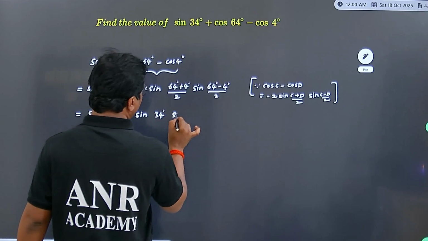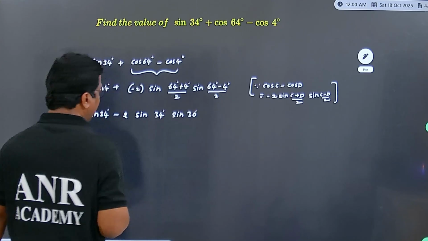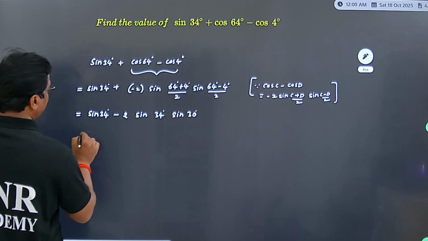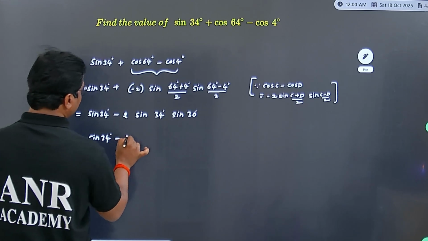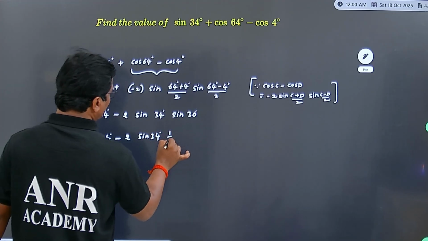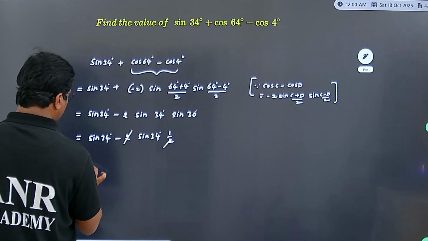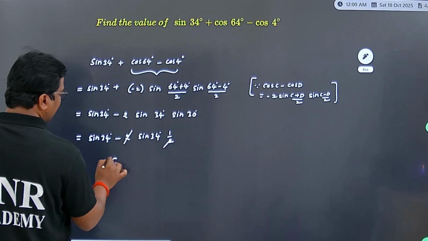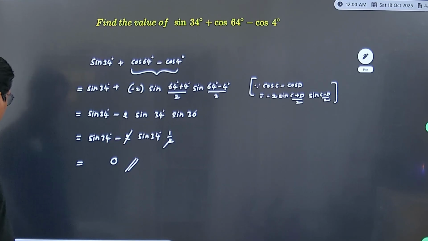And here it is sin of 60 degrees by 2, written as 30 degrees. Therefore, this is equal to sin 34 degrees minus 2 times sin 34 degrees multiplied by sin 30 degrees, value 1 by 2. 2 gets cancelled. Sin 34 minus sin 34 gives the result 0. So this is your answer.